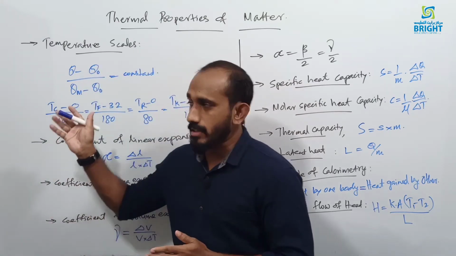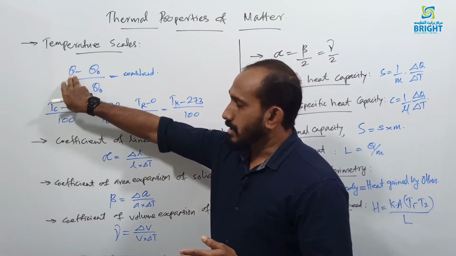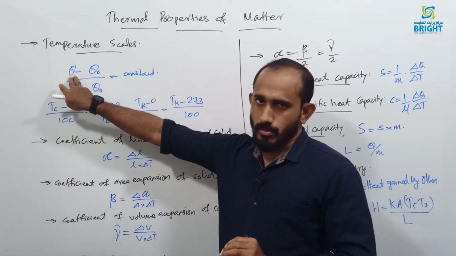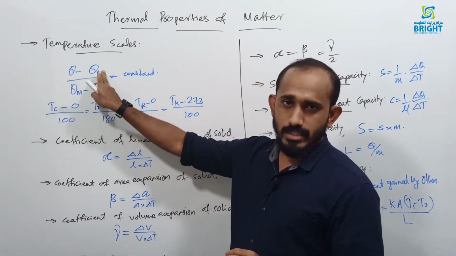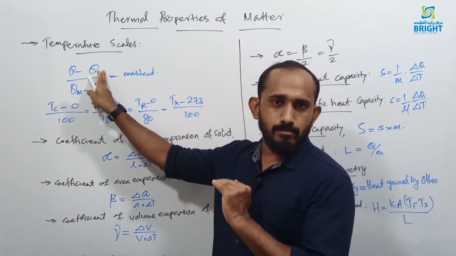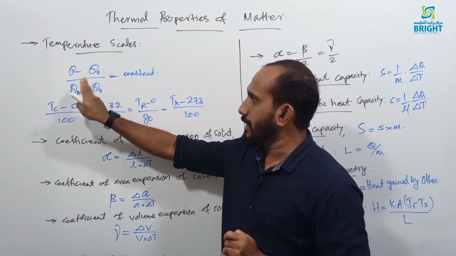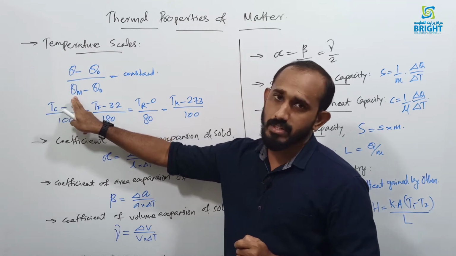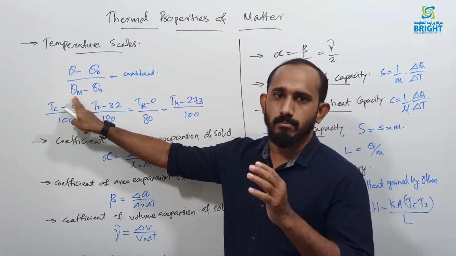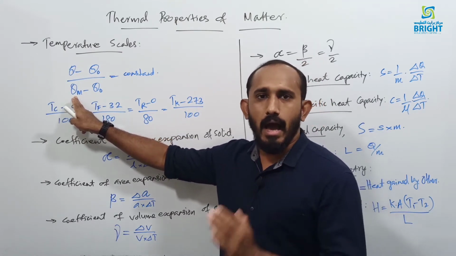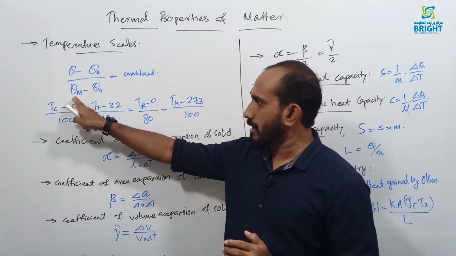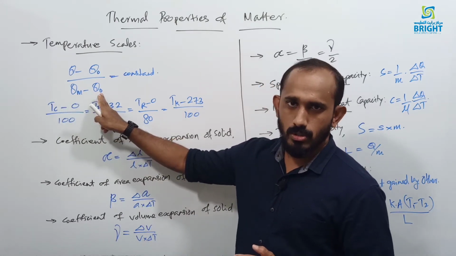Like this, the ratio: the reading on the scale, suppose I call it theta, minus theta 0, the freezing point or melting point of water on that scale, divided by the total number of divisions of the scale. Divisions means between boiling point and melting point or freezing point, theta m minus theta 0.